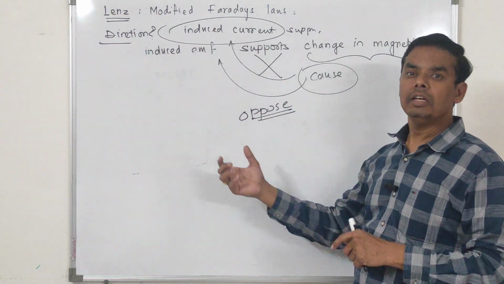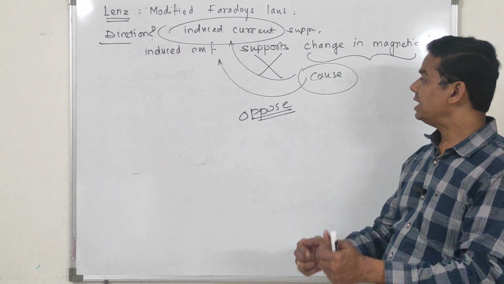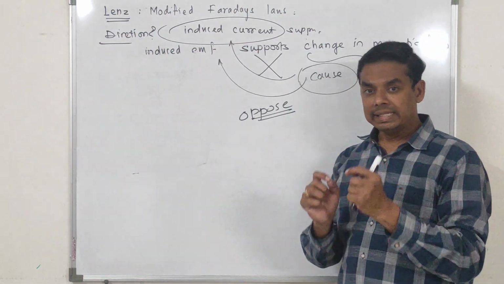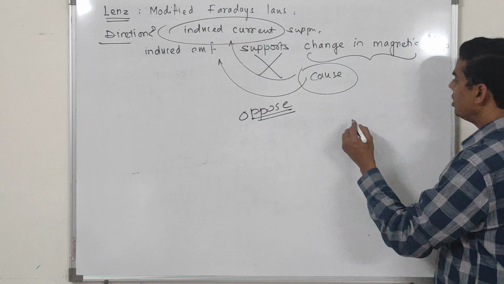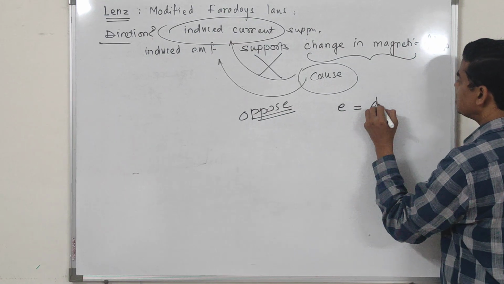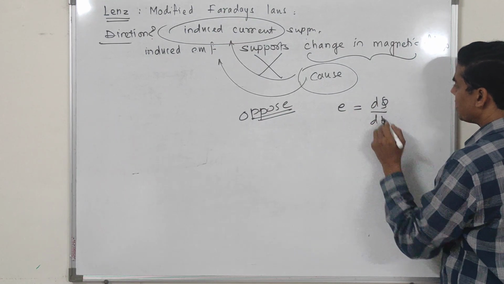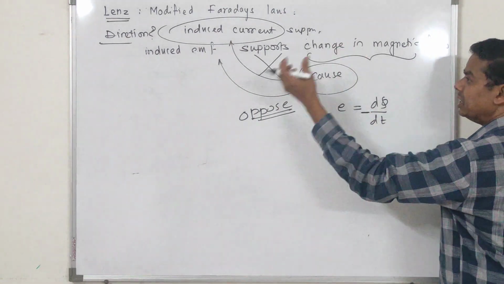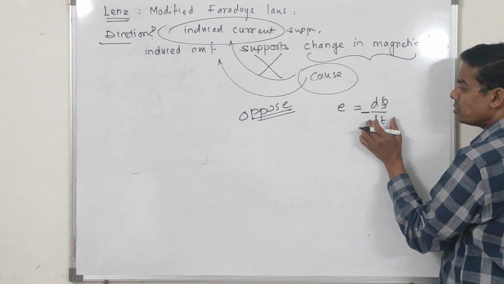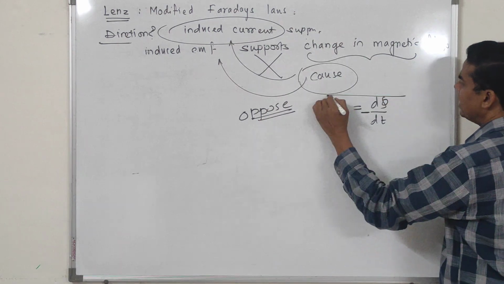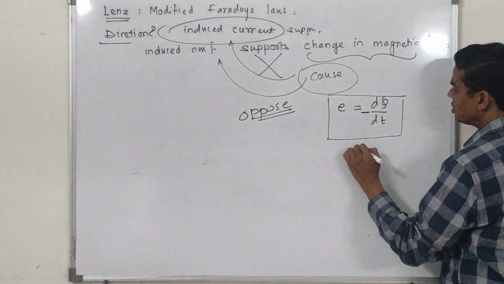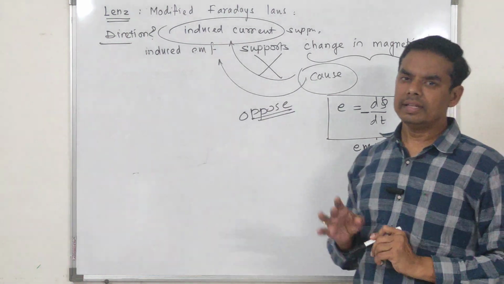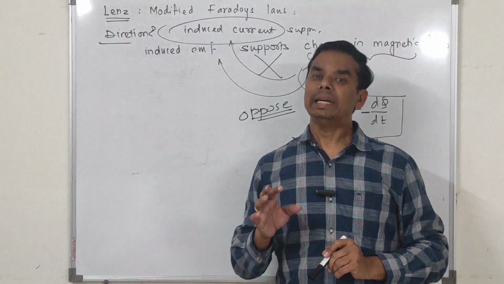So induced current is induced in such a way that it opposes the rate of change of magnetic flux, and this is actually Lenz's law. According to this law, he modified the equation given by Faraday by adding a negative sign. This negative sign shows that induced EMF and induced current oppose the rate of change of magnetic flux, and this is the main equation for electromagnetic induction. And that's it for Faraday's law of electromagnetic induction and Lenz's law.